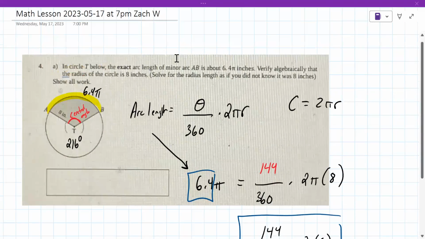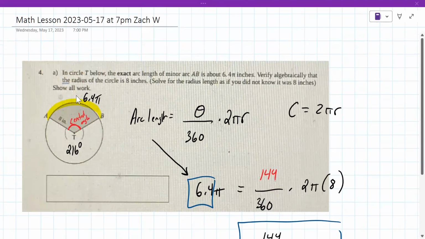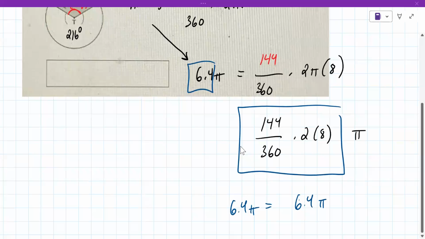We're just making sure that the numbers they gave us work. Think about it this way: if they didn't give you the 6.4 pi and told you the radius was 8, you would calculate the arc length on the right-hand side to be 6.4 pi. You're just validating that what they have is right. It's like when someone hands you the check and says, can you add this up and make sure it's right? You're just confirming what we already know to be true.